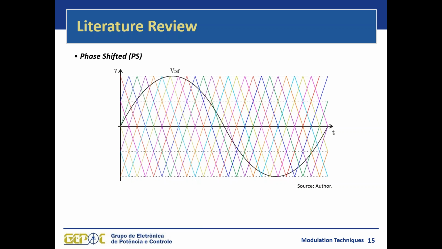We have here the phase shifted PWM, where you can see, as I mentioned before, that the carriers are phase shifted horizontally. So each one of the cells of a given phase has a specific carrier with a specific phase shift, so that we can cancel out the harmonics on the output voltages.